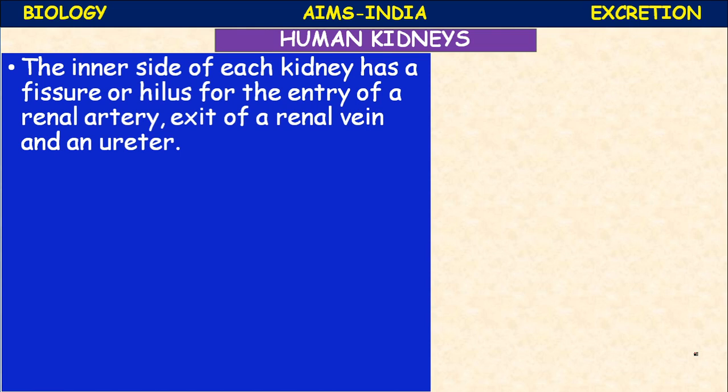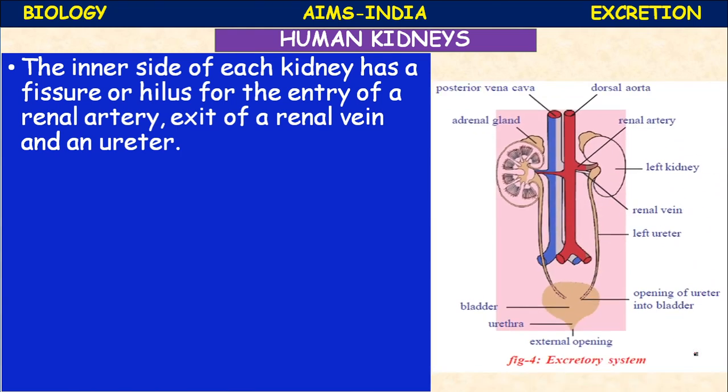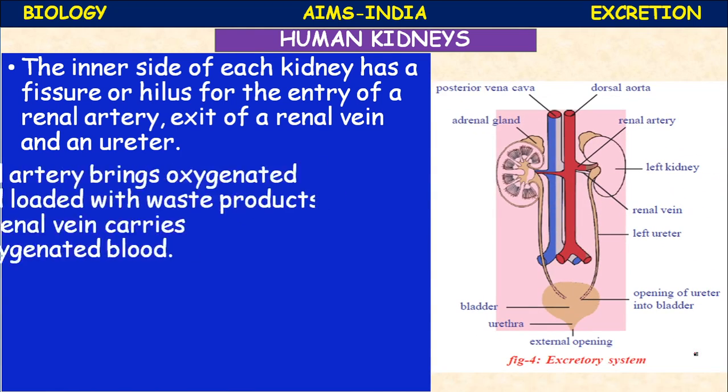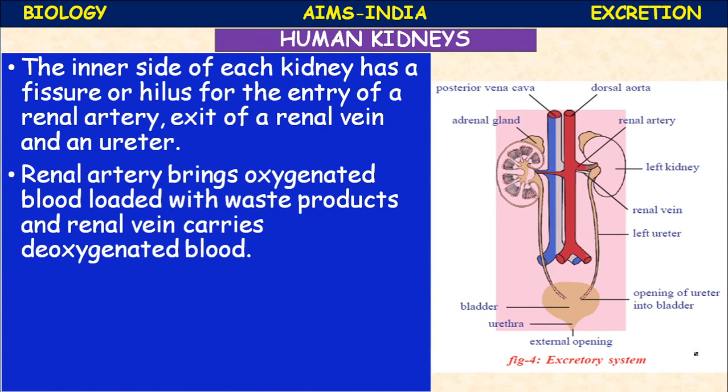What is the function of the renal artery? The renal artery brings oxygenated blood loaded with waste products, and the renal vein carries deoxygenated blood. This is the renal artery, which is red in color in the diagram.